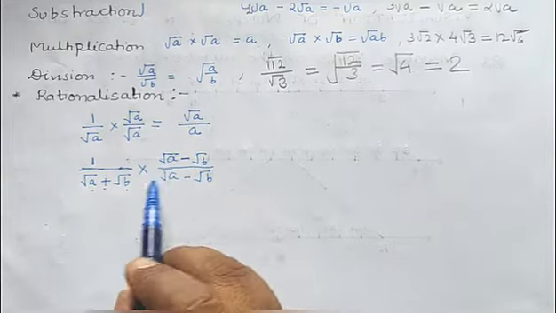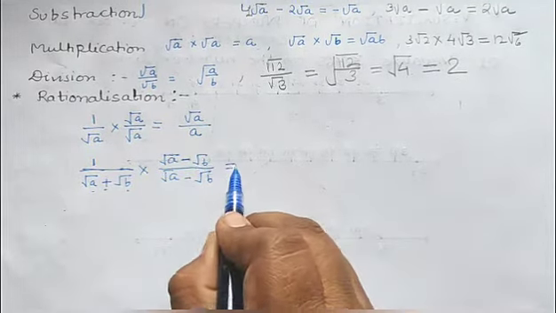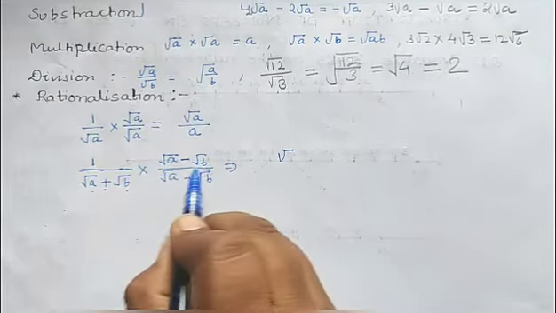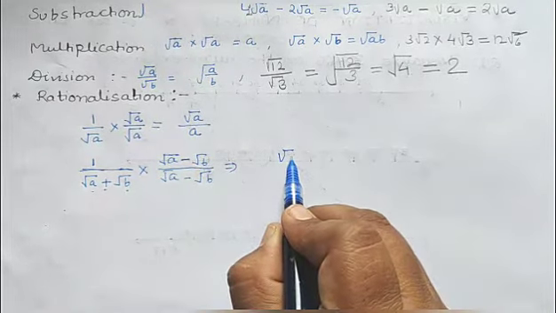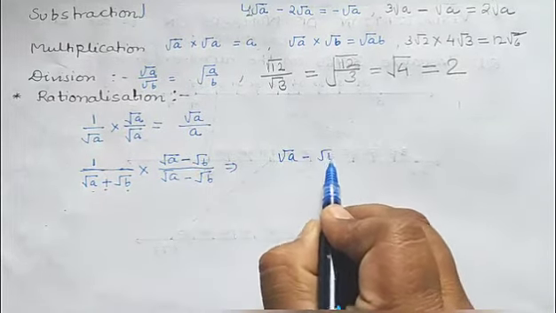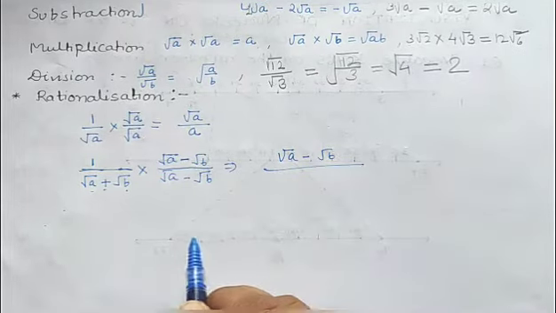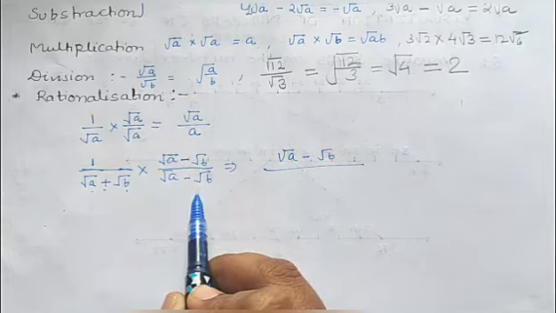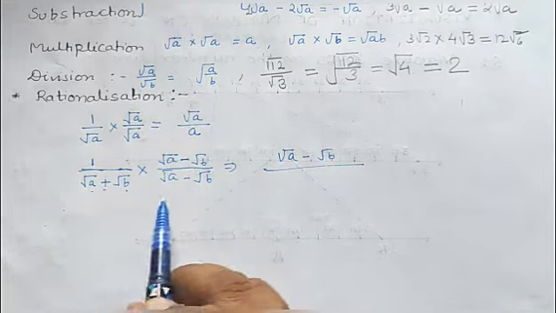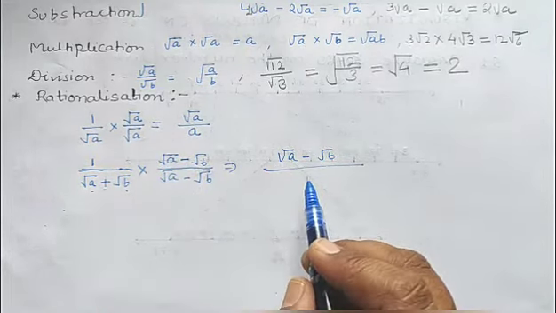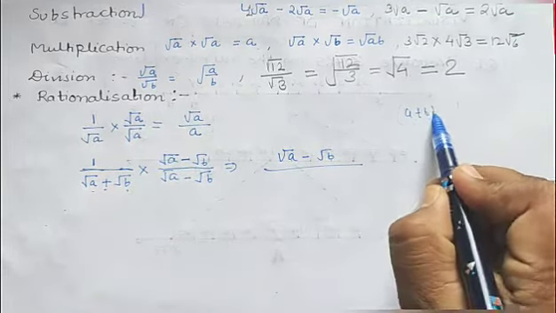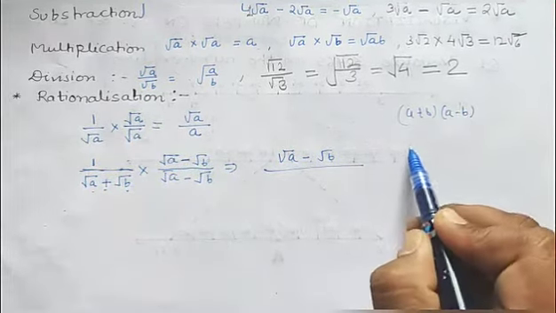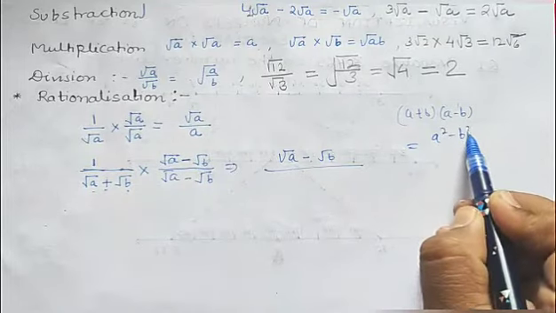Now see what is in the numerator. In the numerator it will be 1 into under root a minus under root b, so it will be under root a minus under root b. And in the denominator it is a plus b, a minus b. This is the identity, a plus b, a minus b. What is the formula? The formula for this is a square minus b square.